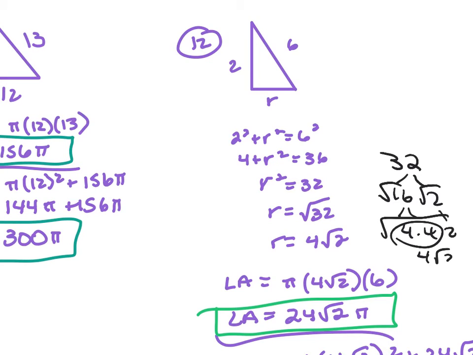So one of the 4s comes out, and that's how it turns into 4 radical 2. So a lot of times the questions will not be in decimal form. They may ask you to leave it in simplest radical form.